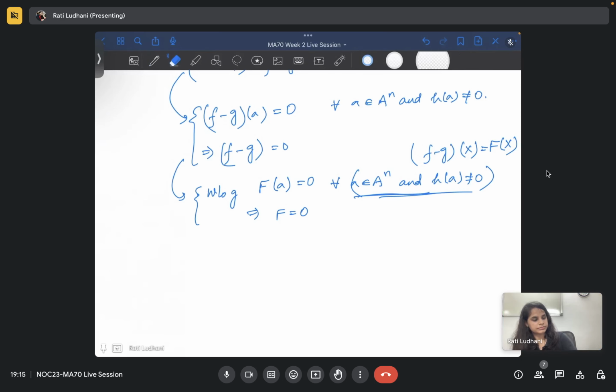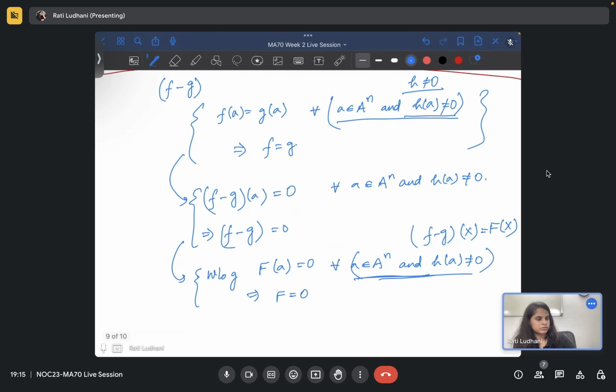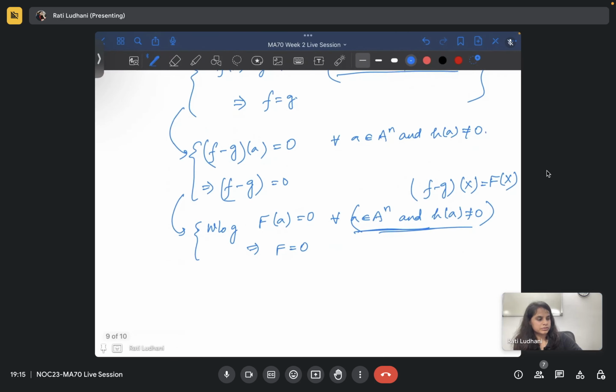I think this condition that you have written, that f(a) is non-zero for all a in A^n. Sorry, F(a) is non-zero, h(a). It's considering only, like, capital F is f minus g, right? So f and g agree on those points of A^n where h is non-zero.